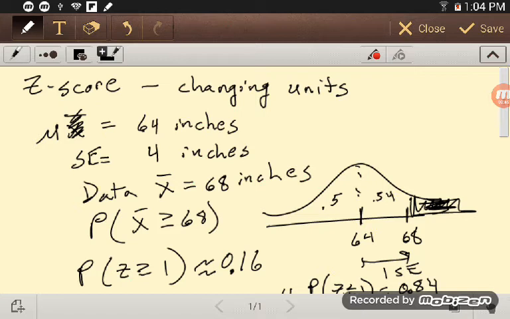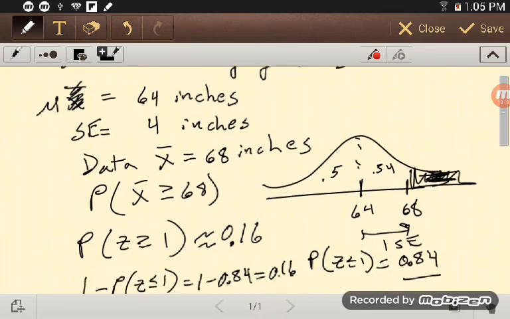Oh, 2.54 centimeters in an inch, so 4 inches times 2.54, it's about 10 centimeters. So I'm just changing units. But here, the units have to do with a standard error, so I find that difference. I've got the 4-inch difference in this first case, but the standard error is 4 inches. 4 divided by 4 is 1.